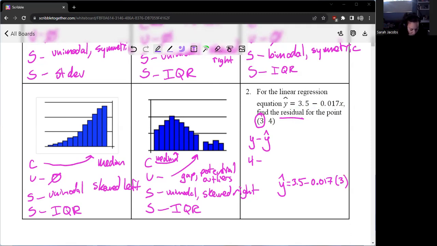Popping that in a calculator, I do 3.5 minus 0.017. Be very careful about those zeros. It's really common to miss this 0 to the right of the decimal. And we get that y hat is equal to 3.449. So that's what we're going to subtract from 4 for our residual.